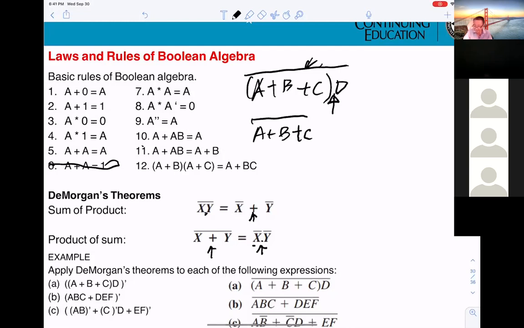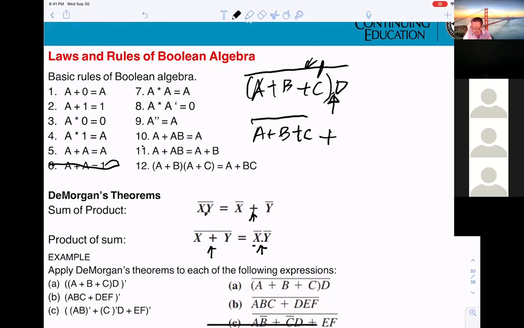I break right here. And now right here is a product, so that must be converted to or.